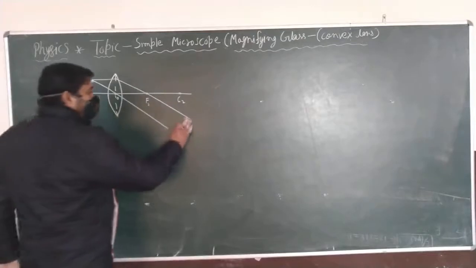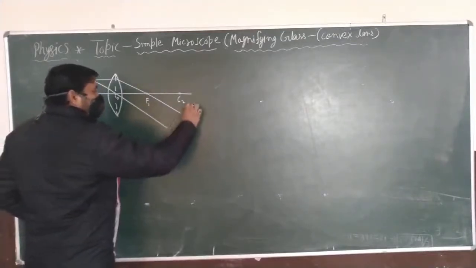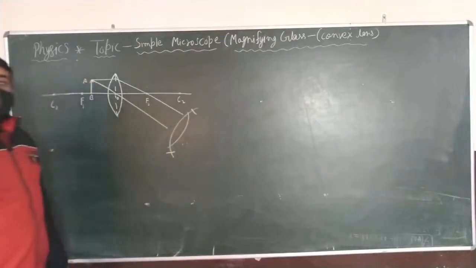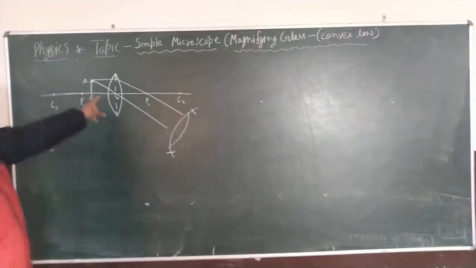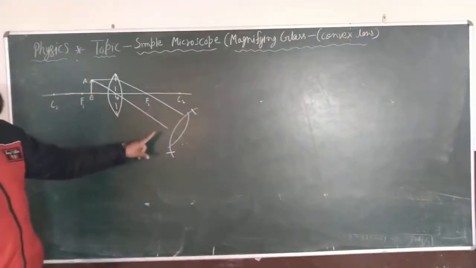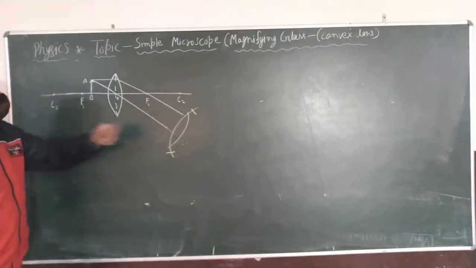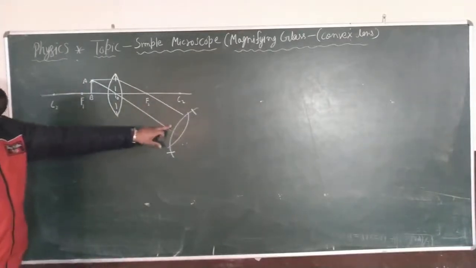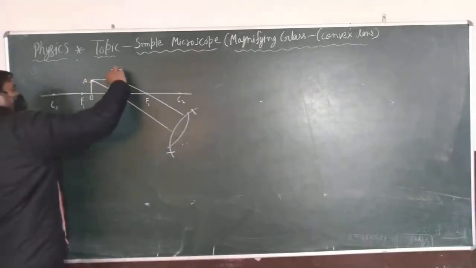Okay, now a person in whose eyes the two refracted rays from this lens or magnifying glass are entering observes or perceives where the two rays are coming from.